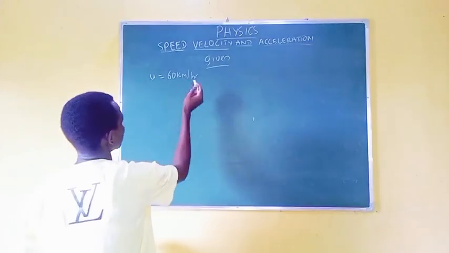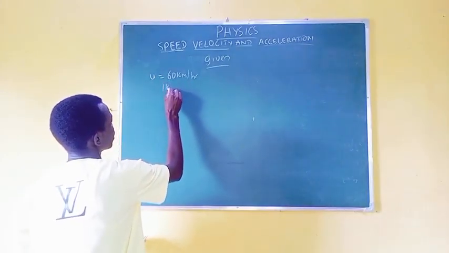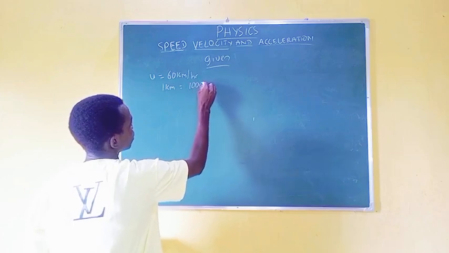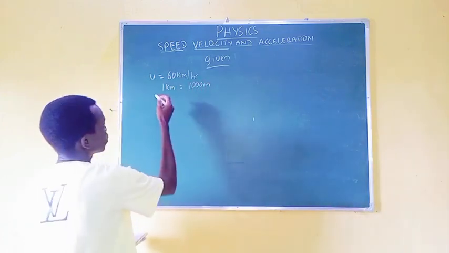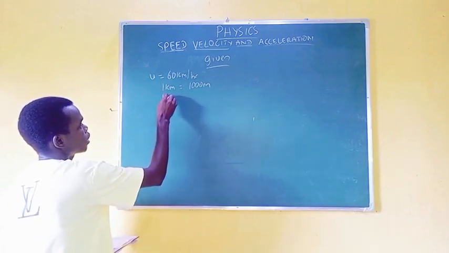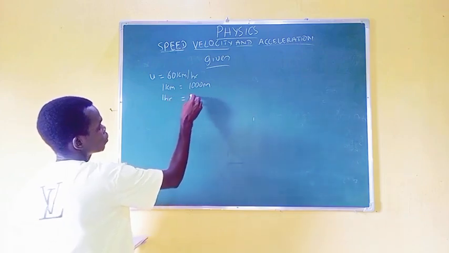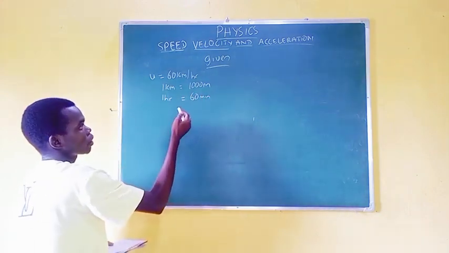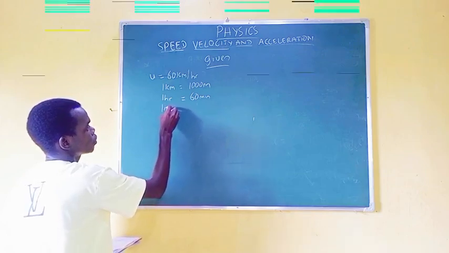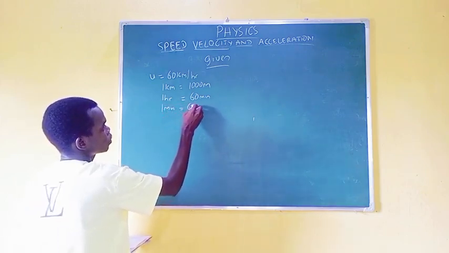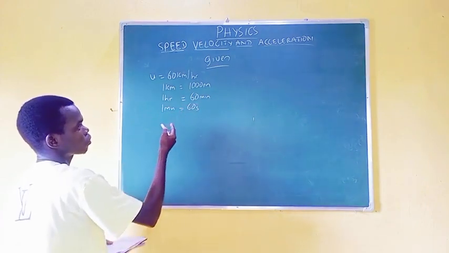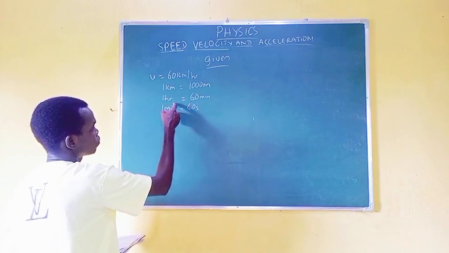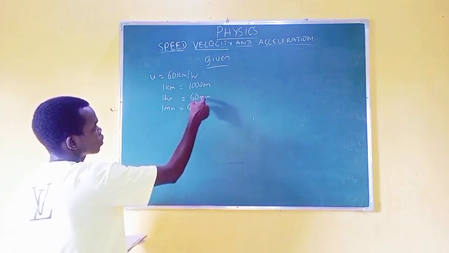And we know that 1 kilometer is equal to 1000 meters. And we also know that 1 hour is equal to 60 minutes, and 1 minute is equal to 60 seconds. So for us to convert hour to seconds, we now input this 1 minute into this minute.